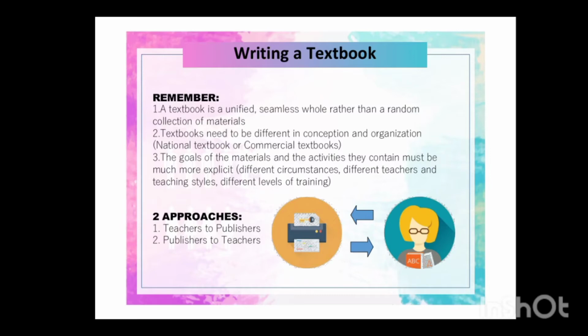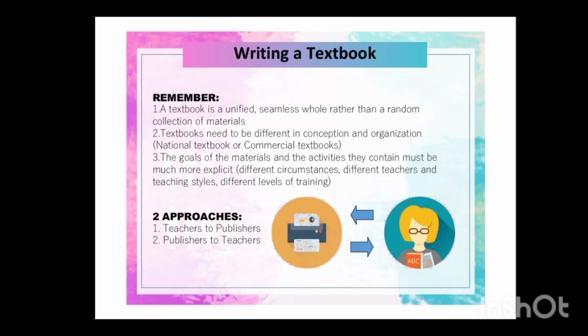However, when we are designing a textbook, we do not know about the users, right? We do not know who will use our textbook. Maybe teachers in different cities, maybe teachers outside the country, we never know, right? So when we are designing commercial textbooks, we have to design our textbooks so that they can be used under different circumstances.